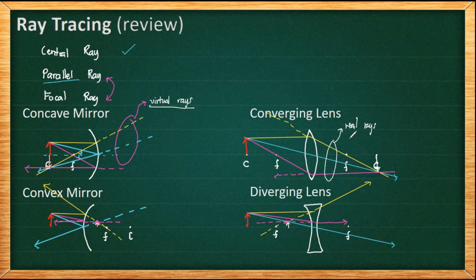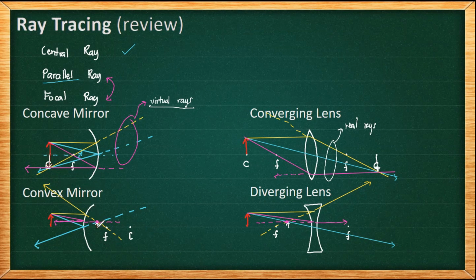Now, if the image is formed by the intersection of the real rays, you will have a real image. For example, this one, the intersection here is formed by the real outgoing light rays. So what you are able to form in this example is a real image, real and inverted. And it's actually of the same size: real, inverted, and of the same size.